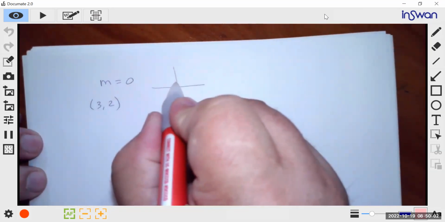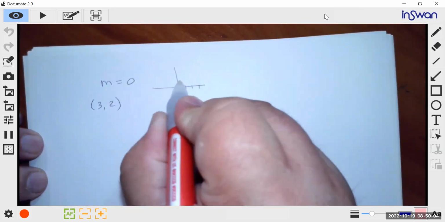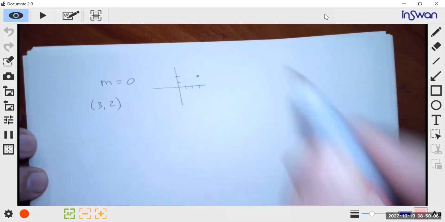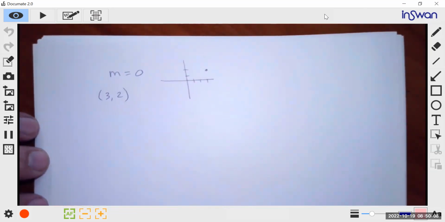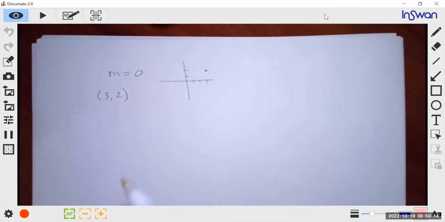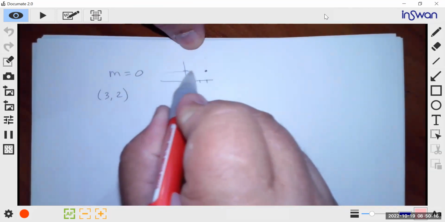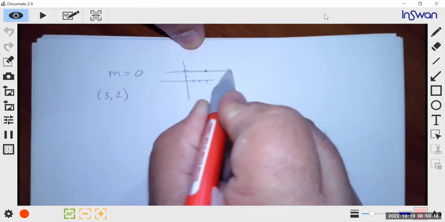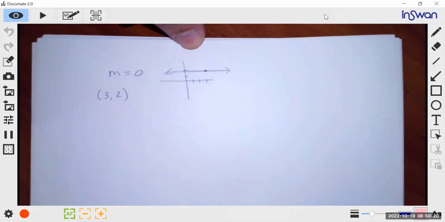So 1, 2, 3, 1, 2. Has to go through that point. And the slope is 0. What is the graph of that line going to look like? That is slope 0.